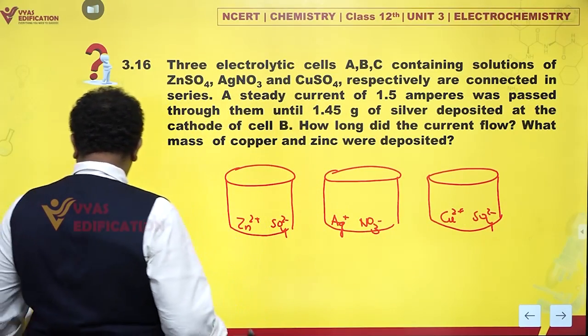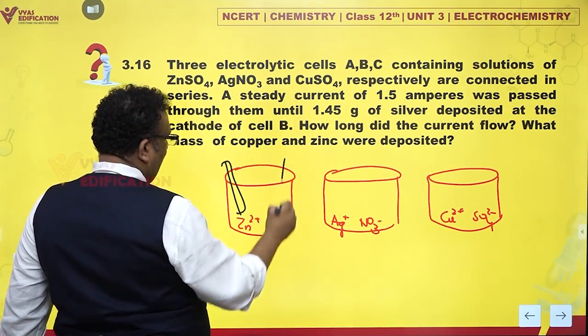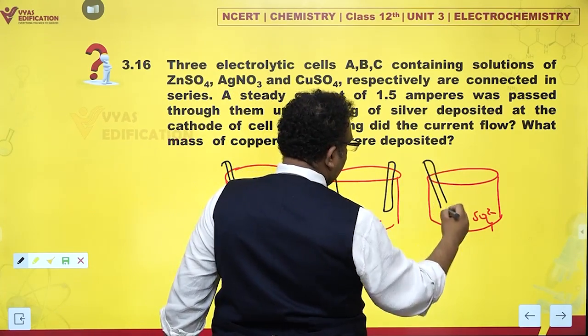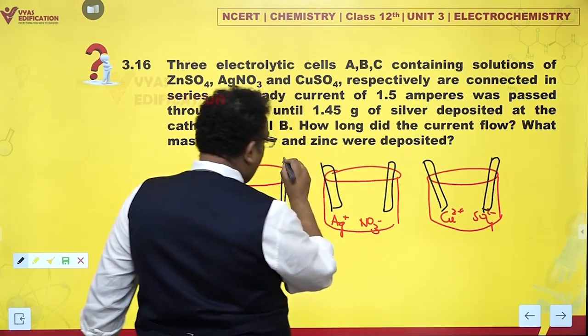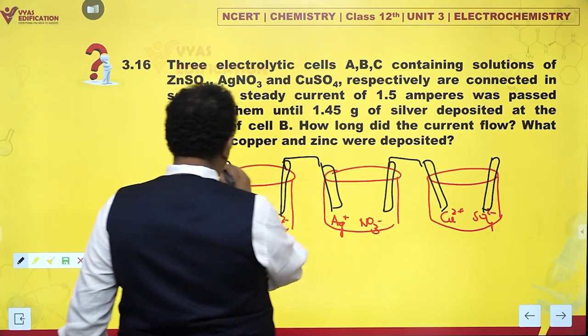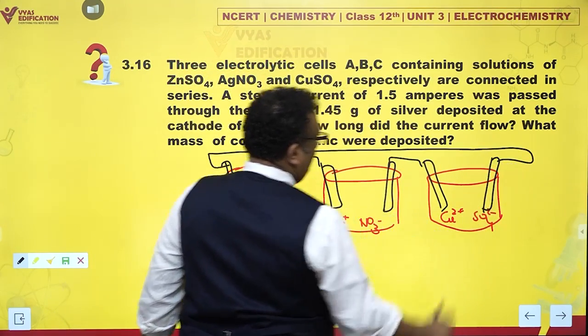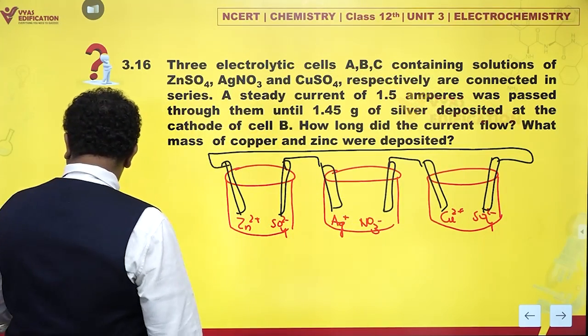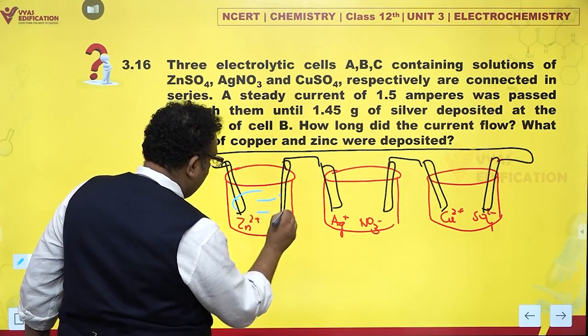Fine. And what am I doing? Well, as I set up the reaction, if I pass current in series, do you see that same current will flow through each solution?